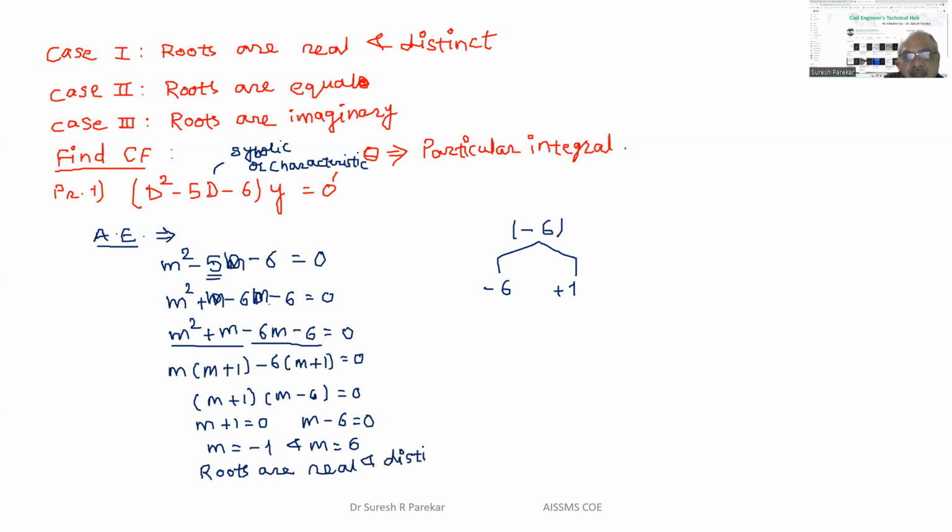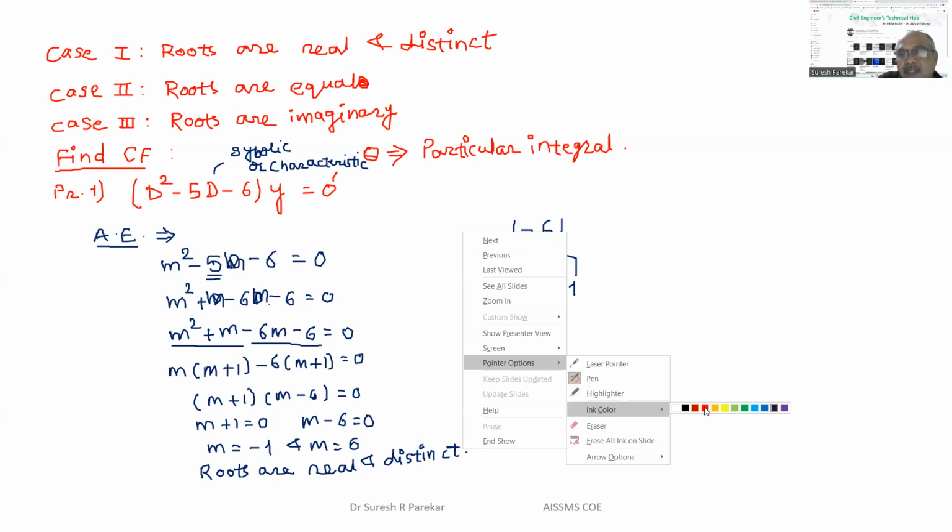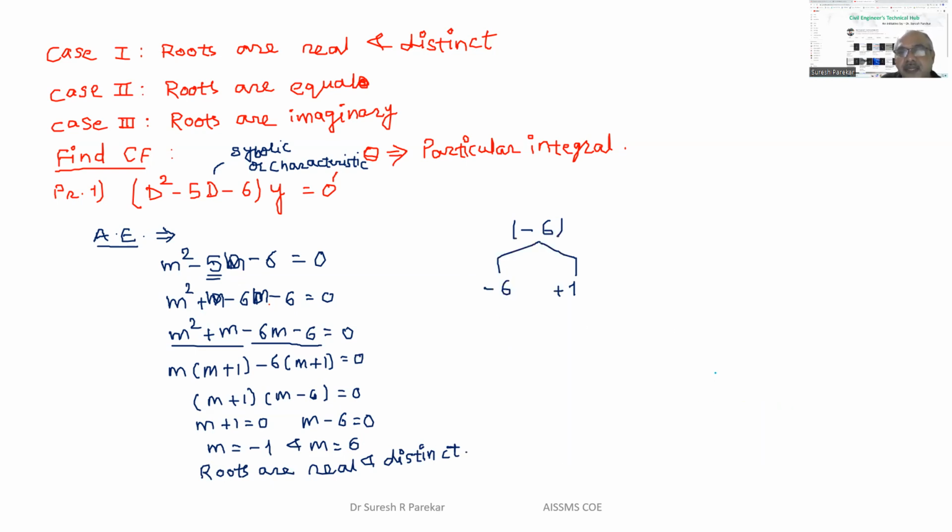Now we have to write the complementary function. The complementary function is C1 e raised to m1 x plus C2 e raised to m2 x.